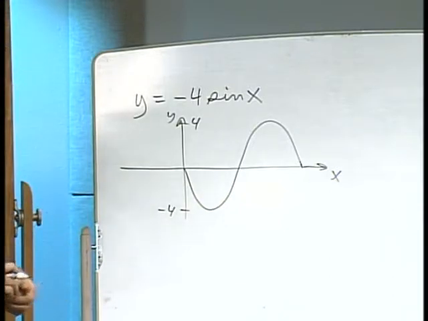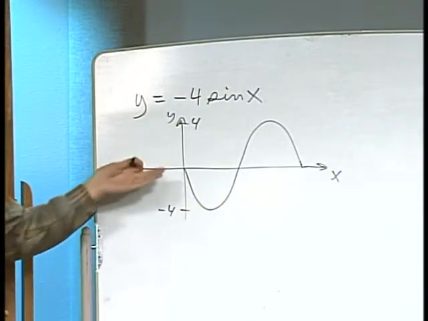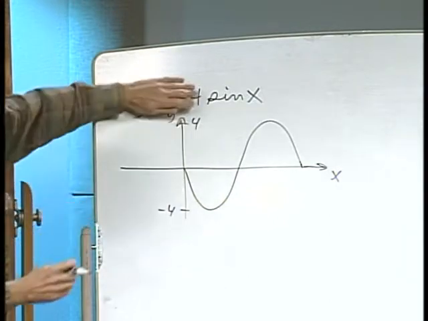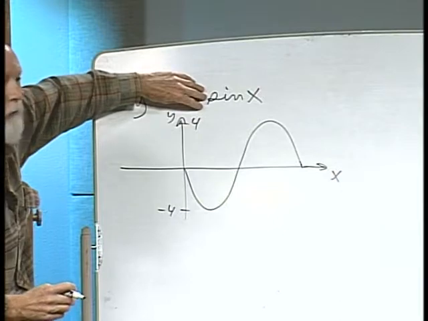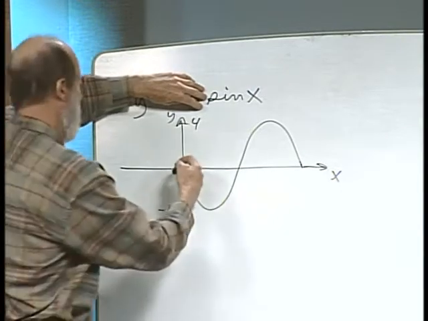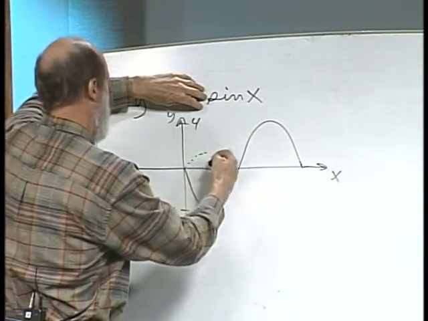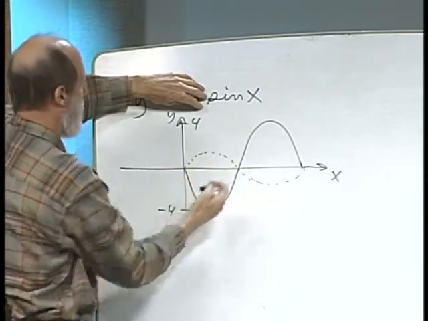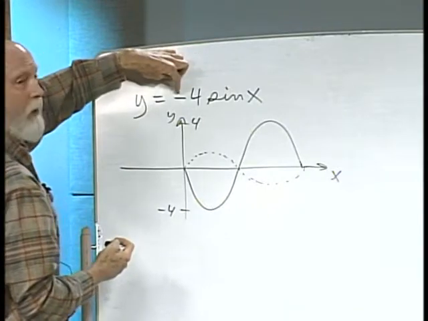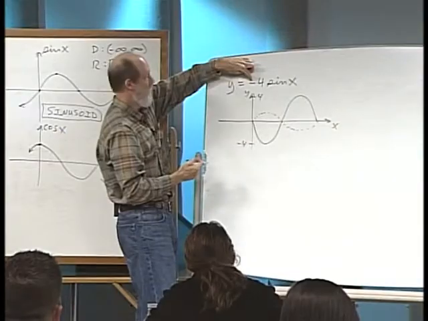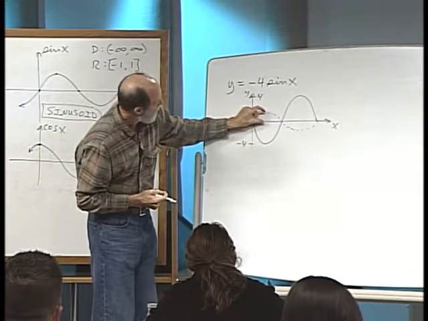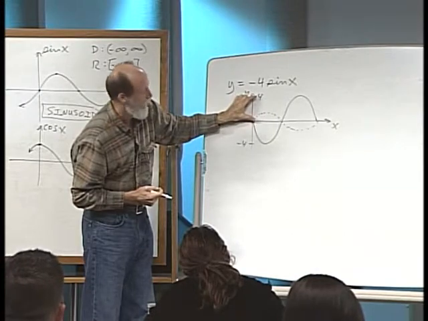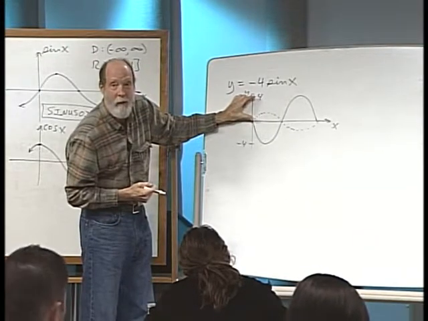There it is. It's an upside down sine wave because of the negative. You're multiplying the original heights of the sine function, which would look like this, by 4, and you're changing the sign of them. So if you take these heights as you move across this basic sine graph dotted here, you multiply them by 4. That amplifies the model.